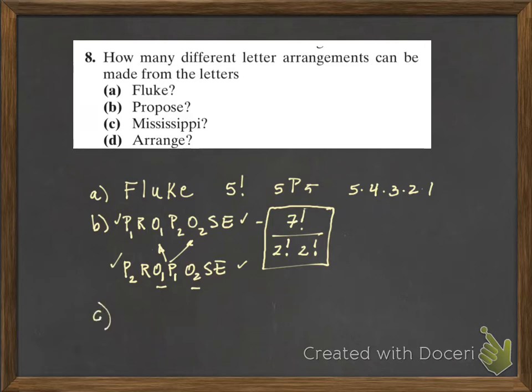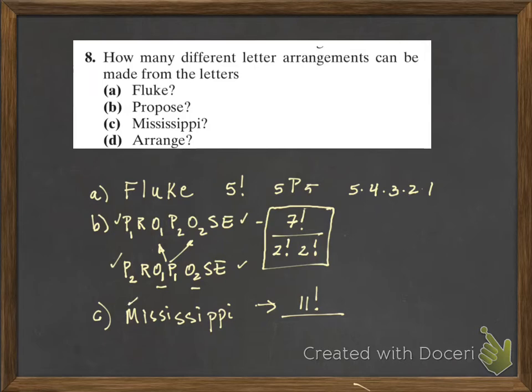So Mississippi is a classic example. I believe this is 11 letters. M-I-S-S-I-S-S-I-P-P-I. So again, if these were distinguishable, there would be 11 factorial arrangements of those letters. But as we saw in the problem above, we're overcounting by all the arrangements of the indistinguishable letters.